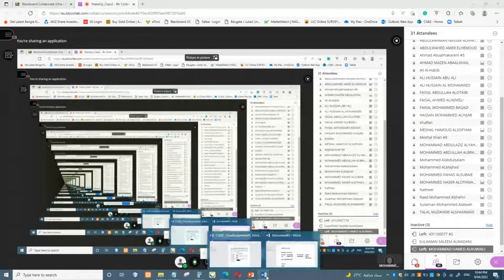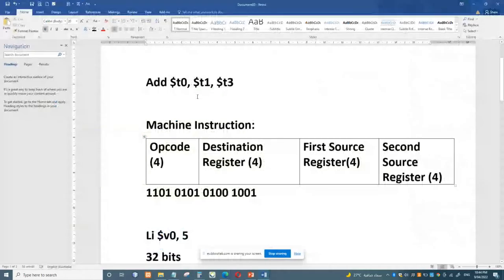Okay. So when we say register addressing, it means in your instruction you have to specify which register is containing your operand. So in your machine instruction you can specify T0, T1.